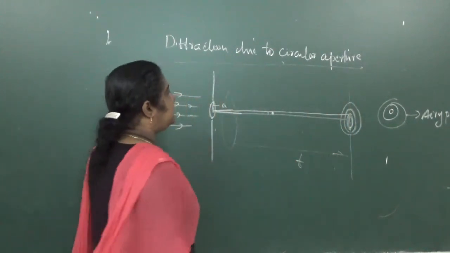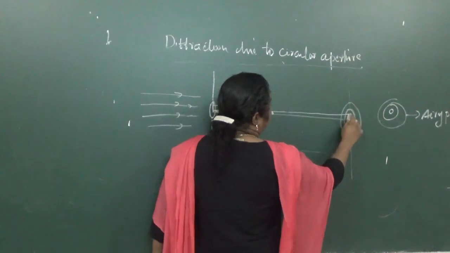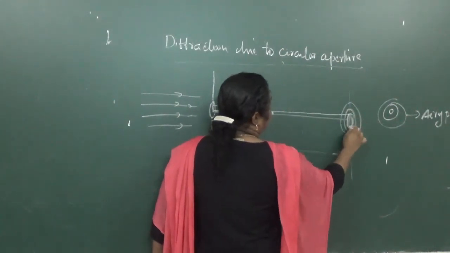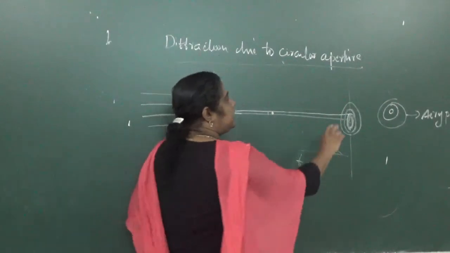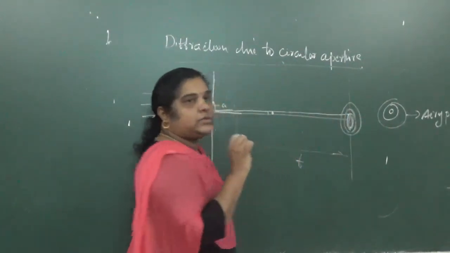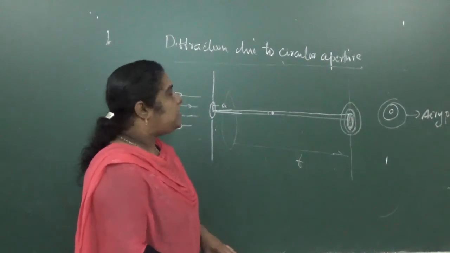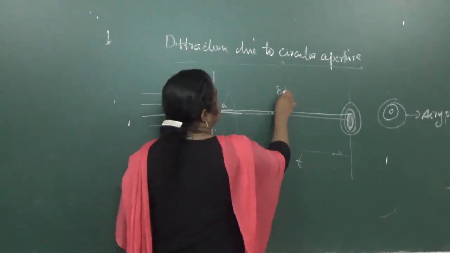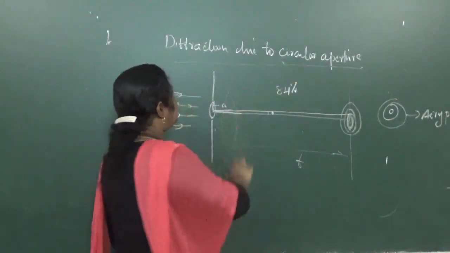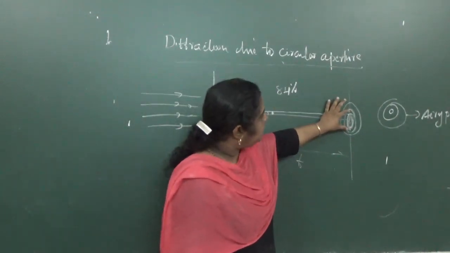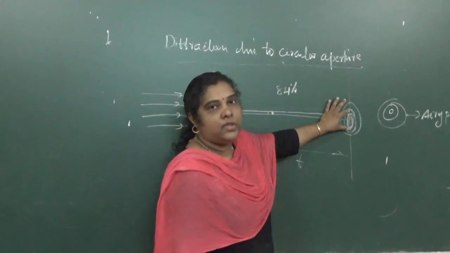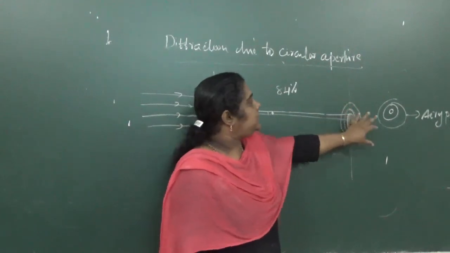Then this is our first dark ring, second dark ring, etc. The analysis shows that 84% of the intensity is included inside the first dark ring, and this pattern is called the Airy pattern.